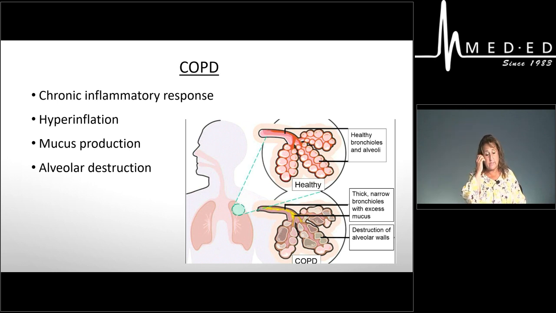And so I alluded to cigarette smoking. Secondhand smoke is also in that category. And then you can have environmental or occupational hazards and exposure to those types of pollutants. But also keep in mind that COPD can be caused by a genetic disorder called alpha-1 antitrypsin. And in that case, the patient didn't do anything wrong to their body to make this happen.